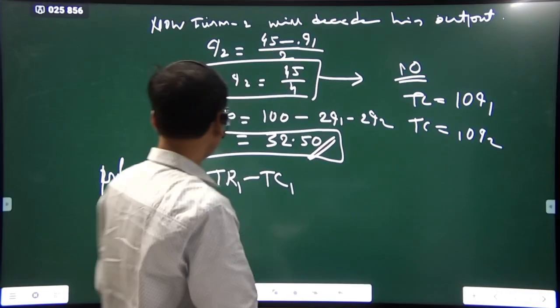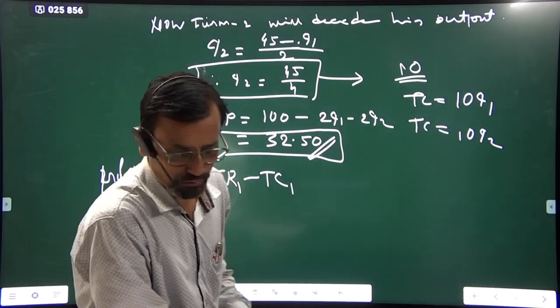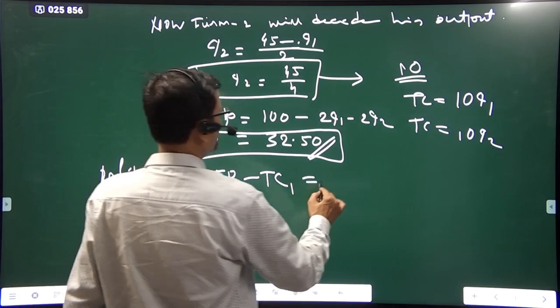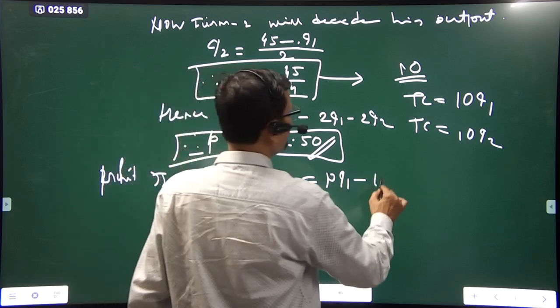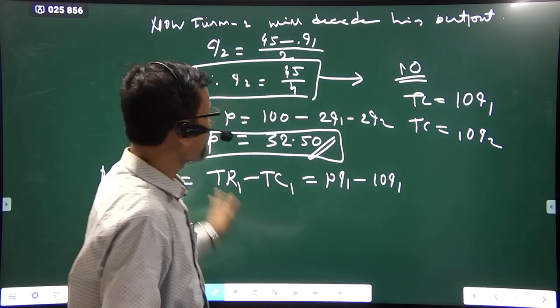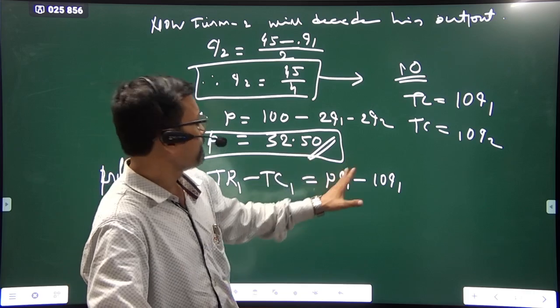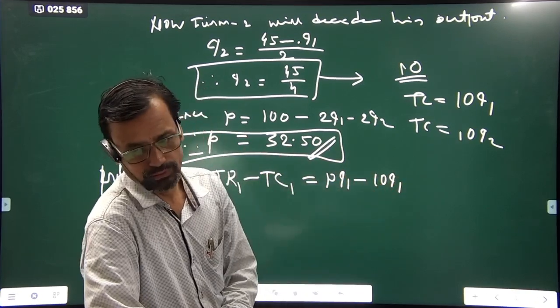So total revenue minus total cost: total revenue is P into Q1 and total cost is 10Q1 in case of firm 1. In case of firm 2, profit will be P into Q2 minus 10Q2.